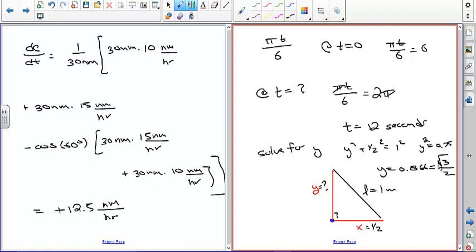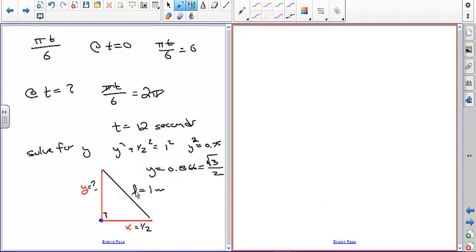So anyway, what is the lowest point reached by the end of the rod on the y-axis? The answer is 0.866. Now it says find the speed of the y-axis endpoint when the x-axis endpoint is 1/2, 0. So what we need to do is figure out the y position as a function of time, and then take the derivative of that, and that'll give you dy dt.